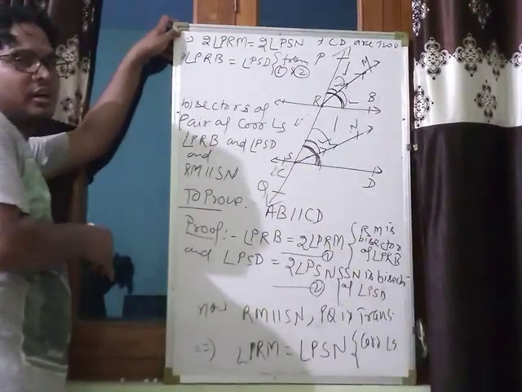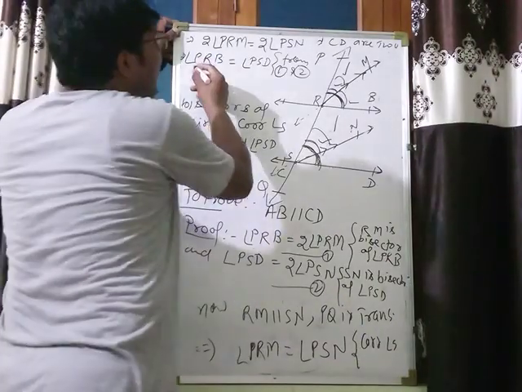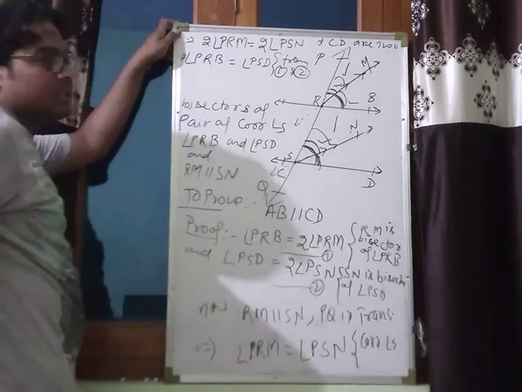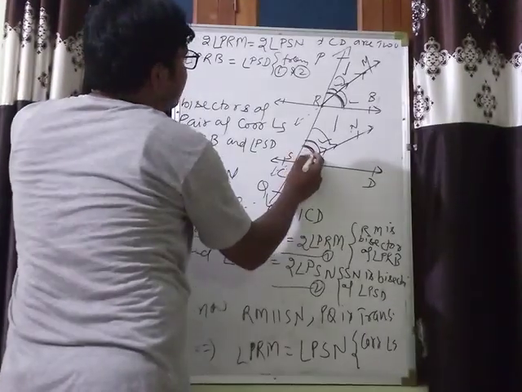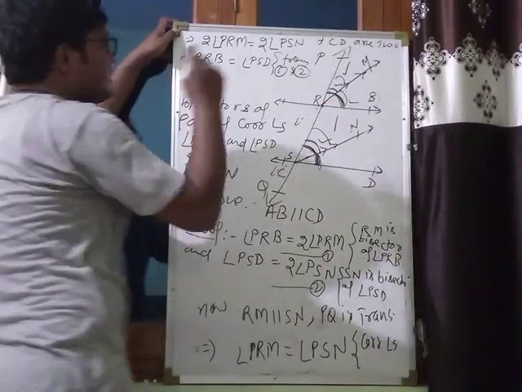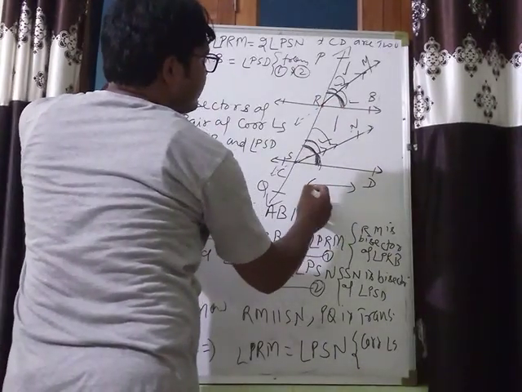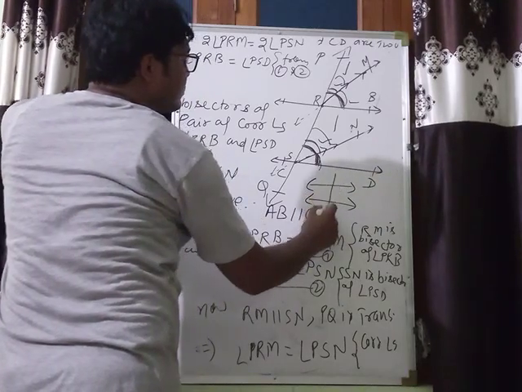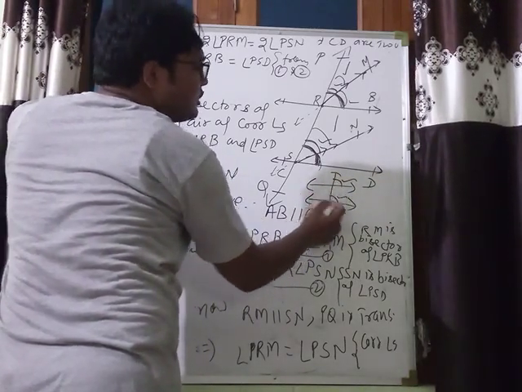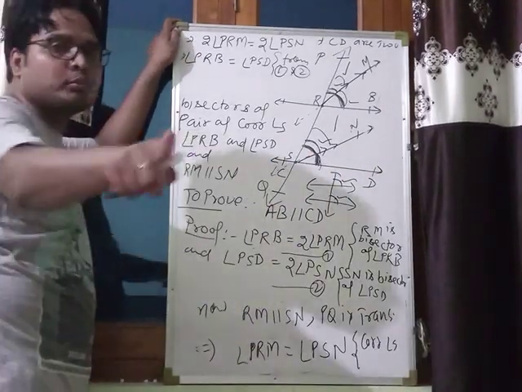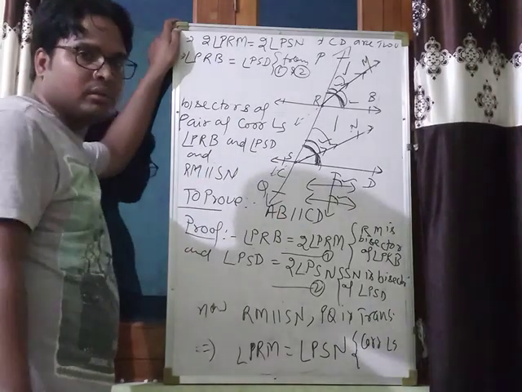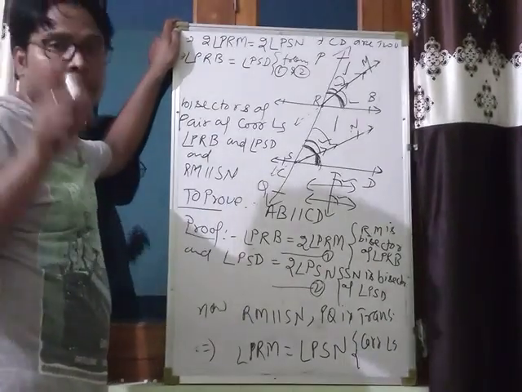Okay, now what have we proved here? PRB, this angle, is equal to PSD, this angle. These angles are equal. Look carefully, these are two given lines, this transversal cuts them such that this angle and this angle are equal. Which pair are these two? They are a pair of corresponding angles, and when a pair of corresponding angles are equal, then lines will be parallel.